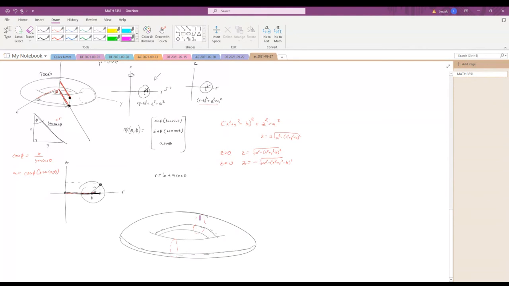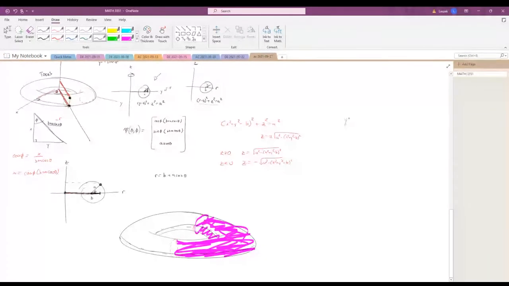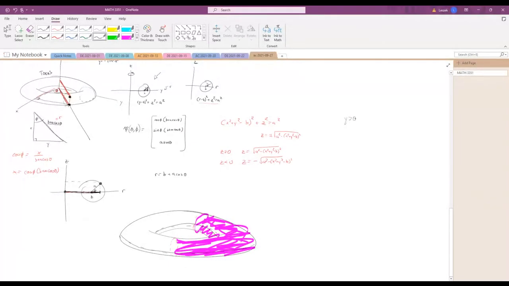Yeah. All right. Oh, crap, but not the inside. I was thinking about the outside equator. So let's do one side. So let's do the equator where y is positive, and we want to cover the equator.